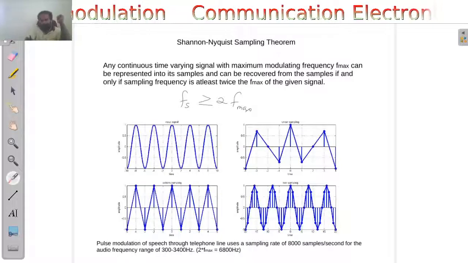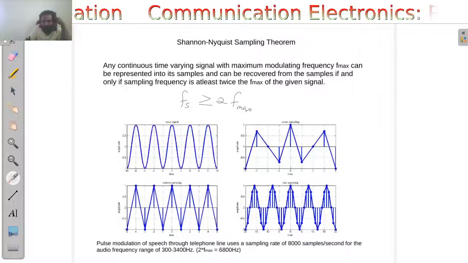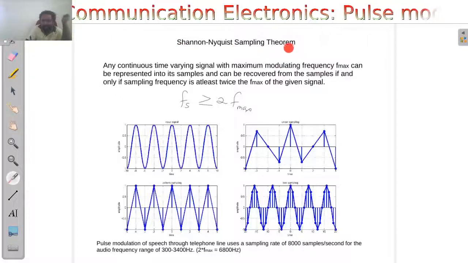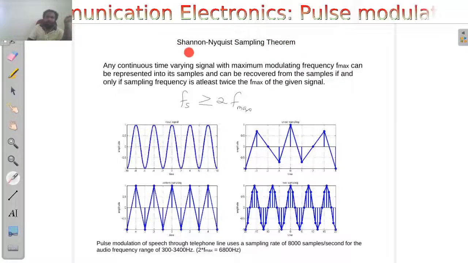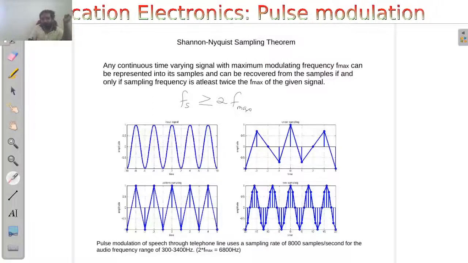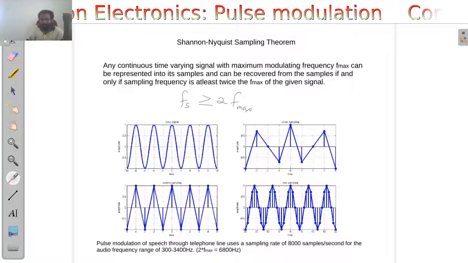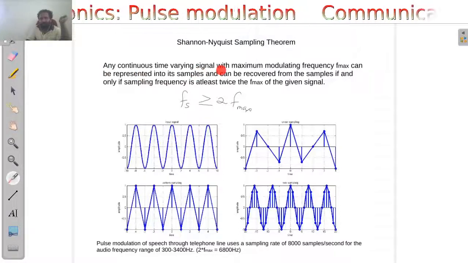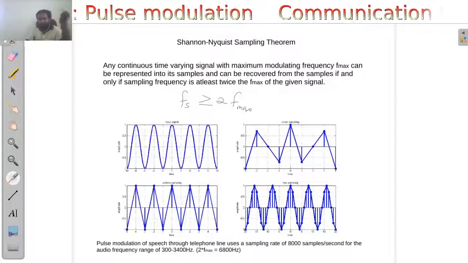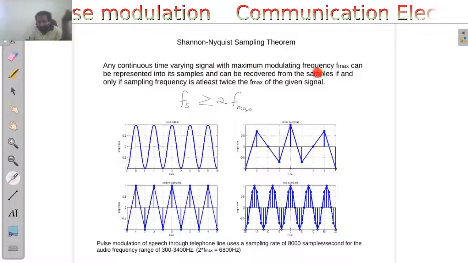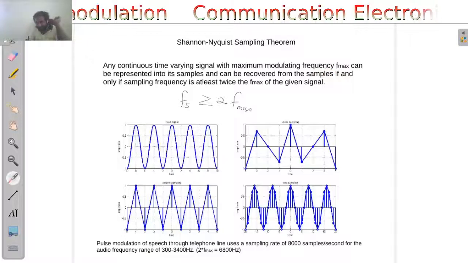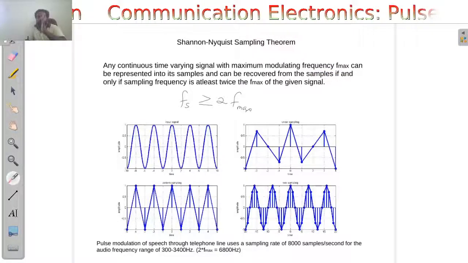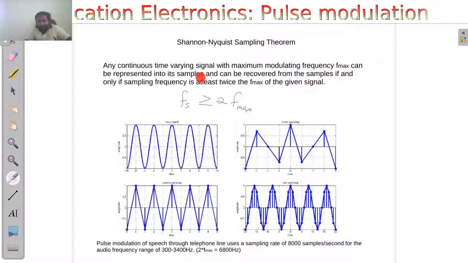Now, for the sampling to happen, we need to understand a theorem called the Shannon-Nyquist sampling theorem. It is simply called the sampling theorem, and it states that any continuous, time varying signal with a maximum modulating frequency of f max, so that signal should contain a maximum frequency of f max, can be represented into samples.